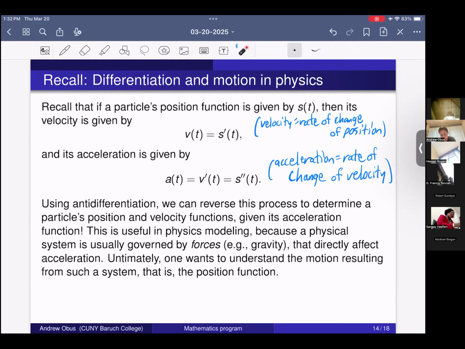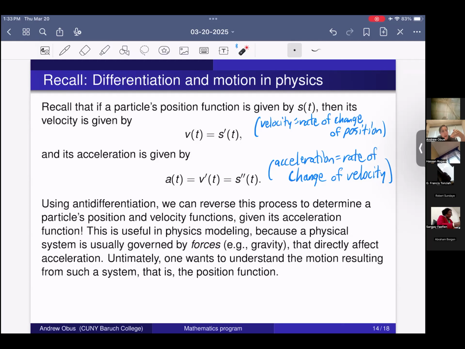So what does this help you with? By taking derivatives, we can get from the position to the velocity and then from the velocity to the acceleration. If we want to go the opposite way, we need to take antiderivatives. So using anti-differentiation, we can reverse this process: if we're given the acceleration function, we can use it to determine the velocity and the position.